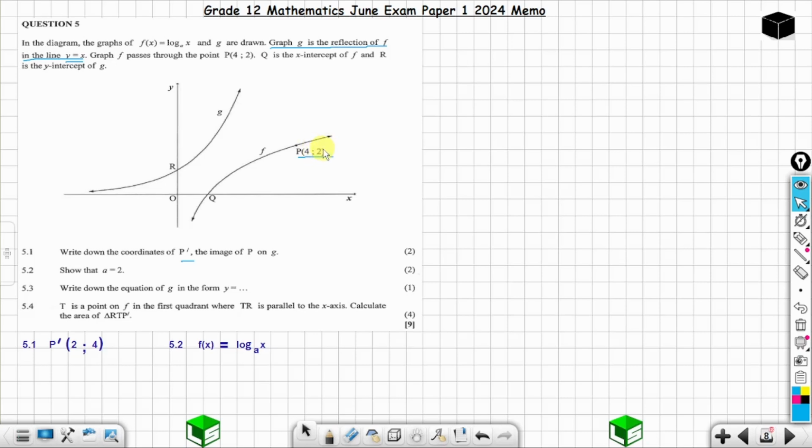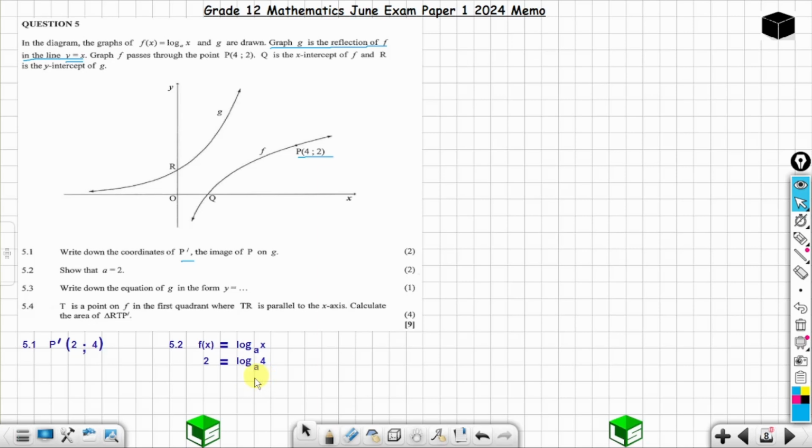So this is y. F of x is y, equals log of 4 base a. Now you have a to the power of 2. Whatever you have on the other side is your exponent. This is your base, a is written as the base.